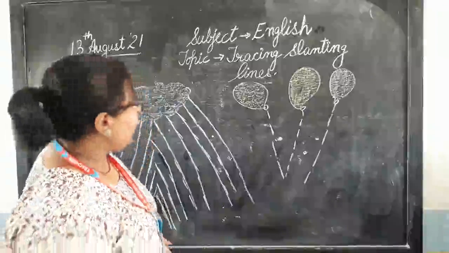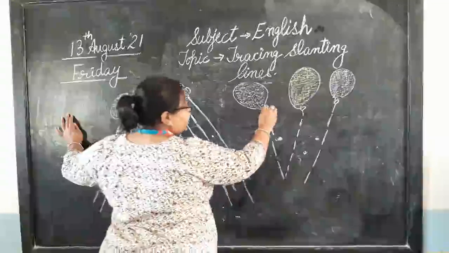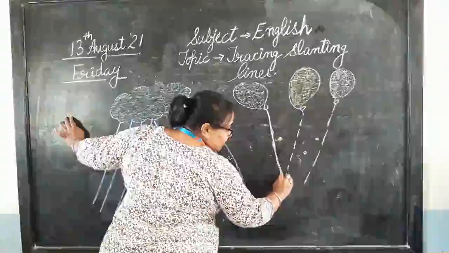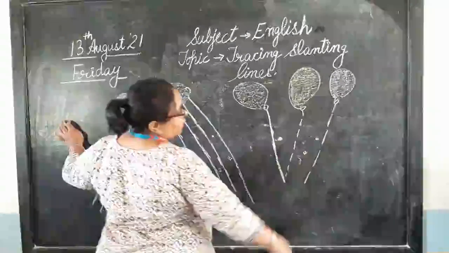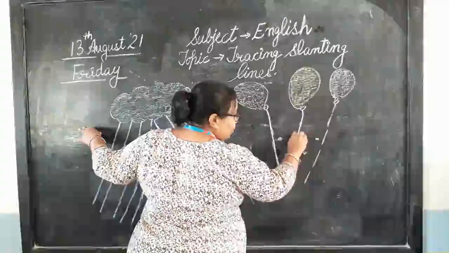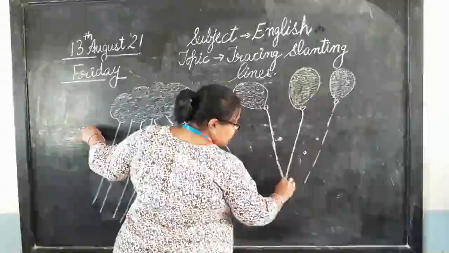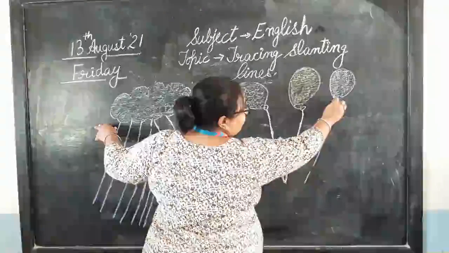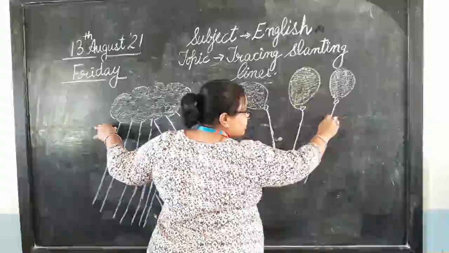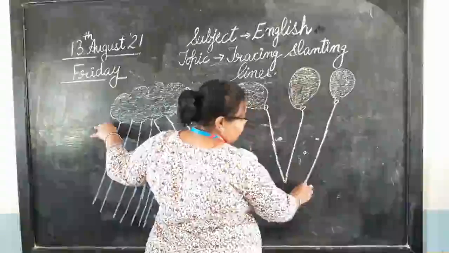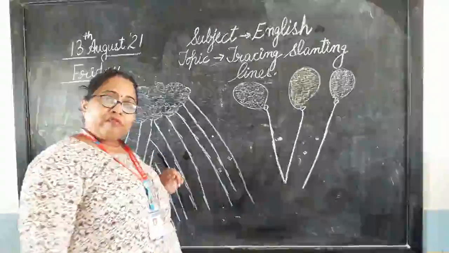We are going to trace the lines. How? Like this. Your left slanting line. Clear everyone?